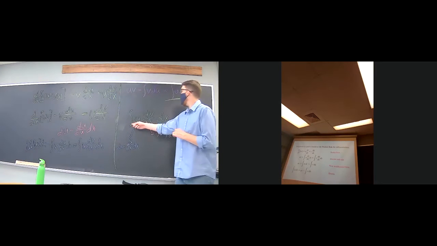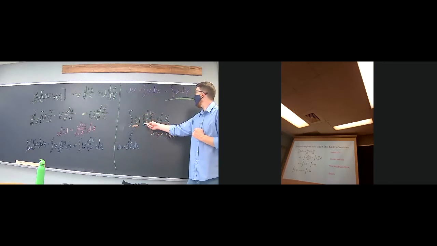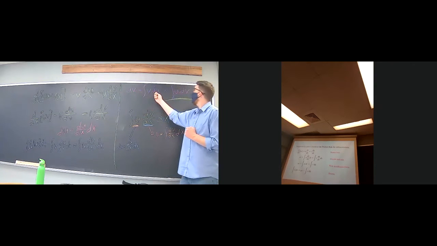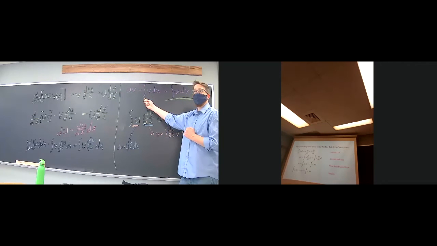So by identifying what u is and what dv/dx is, we can plug them into this left side here and possibly form an integral that we can solve. Make sense what I mean? Everybody cool with this?